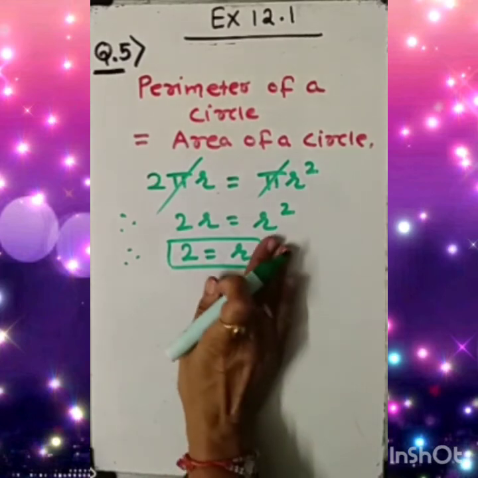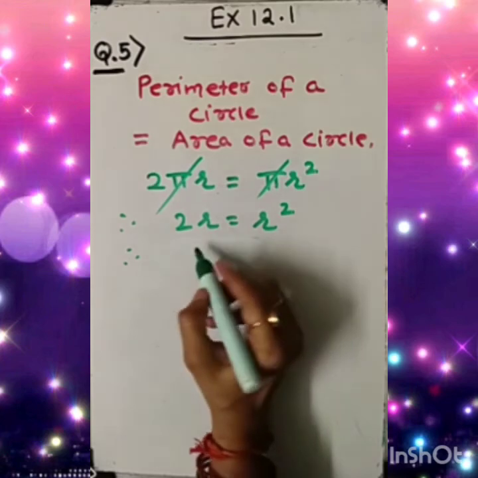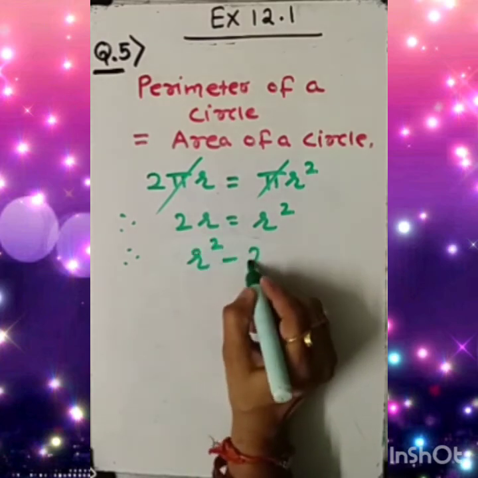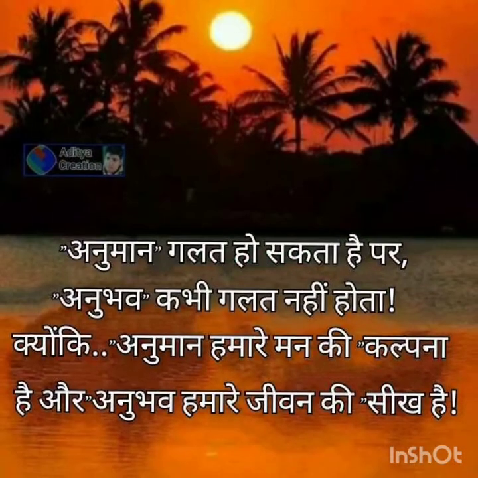But we can simplify it. Do not simplify it directly. I am bringing this to here. So r square minus 2r equal to 0. R common, so r minus 2 equal to 0. Here I am repeating.